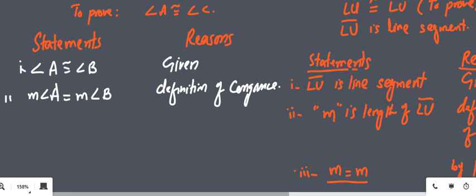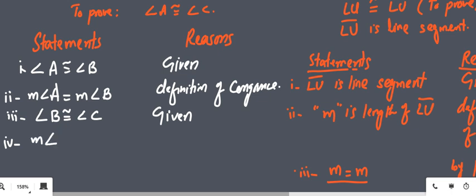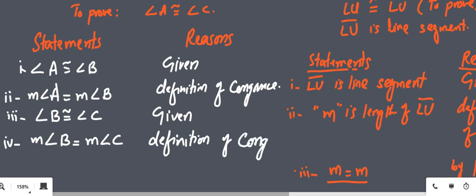At the same time, I was given that, this is my third statement, angle B is congruent to angle C. Now again I can write that measure angle B equals measure angle C by definition of congruence. Is it clear?